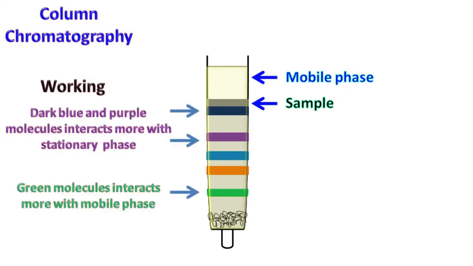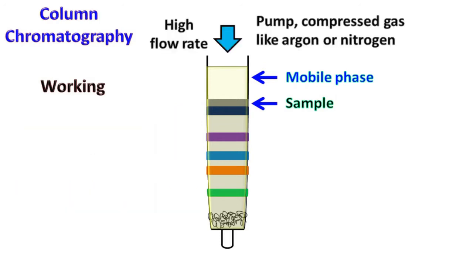For example, the green molecules interact more with the mobile phase and move fast down the column, while the dark blue and the violet molecules interact more with the stationary phase and hence move slowly. To increase the flow rate of the mobile phase, a pump or pressurized gas like argon or nitrogen can be used.